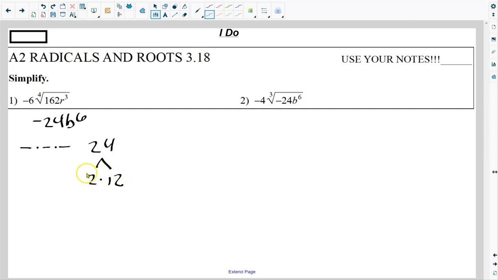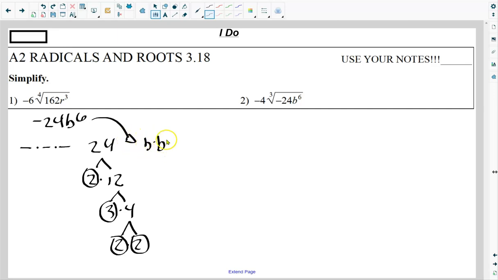2 times 12. Whoops. 3 times 4. And 2 times 2. Okay. All right. And then the B is 6 of them. Okay. 1, 2, 3, 4, 5, 6. All right.